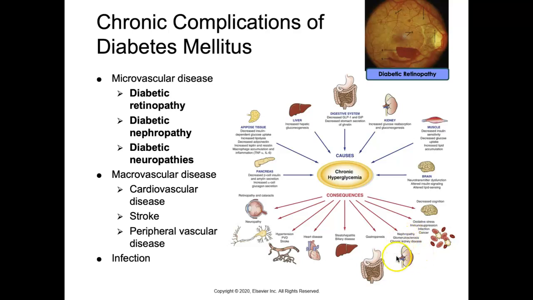Regarding diabetic nephropathy, we know that the blood has to filter through the glomeruli, right? The renal corpuscle. And when we have hyperglycemia taking place, they become injured when they have a protein there called advanced glycation end products, or AGEs.